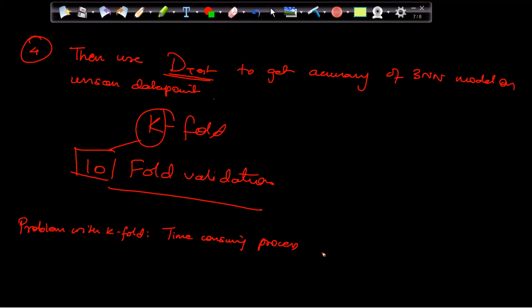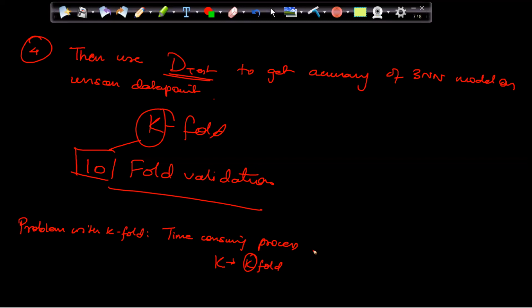And how much time? Obviously k times. This k is nothing but the k-fold validation. This many times my overall process will increase, which is again a drawback, at least for kNN.